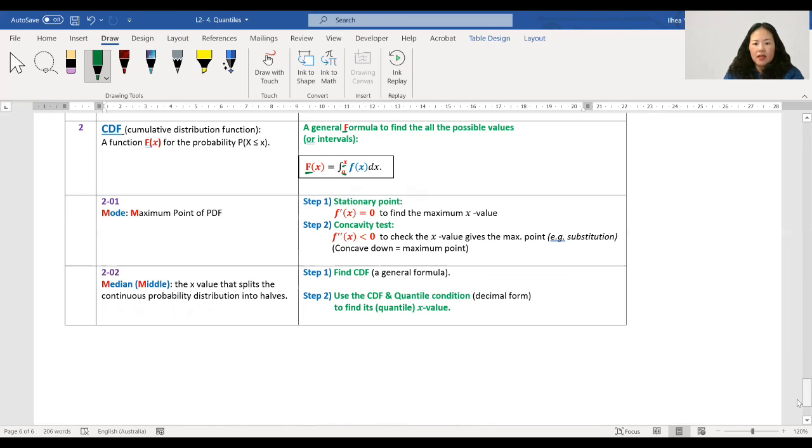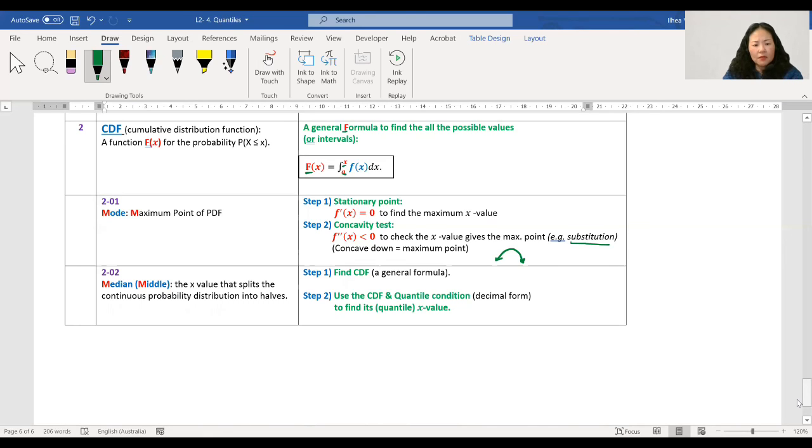That is f double dash x, and that has to be less than 0, because concave down gives us the maximum point. Sometimes you have to substitute the x value into the second derivative and make sure the value comes out less than 0, negative, which gives us concave down.